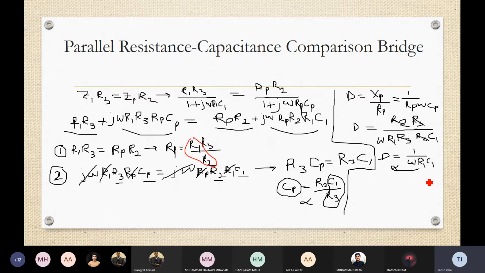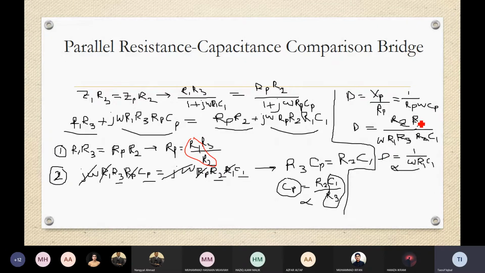Rp in our case is R1 multiplied by R3 divided by R2, so R2 comes on top in the numerator, whereas in the denominator we have R1 and R3 into omega.